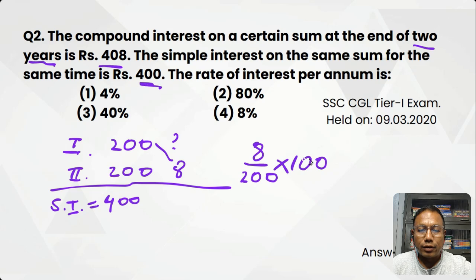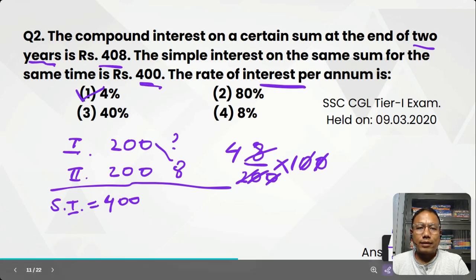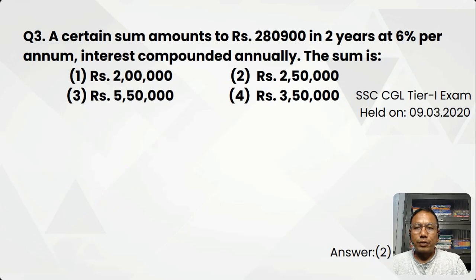Multiply by 100, we'll get the percent. Cancel 0, 0. 2, how much is 8? 4 twos are 8. Therefore, the rate of interest per annum is 4%. This is an SSC Tier 1 previous year question. Let's move to the next question.